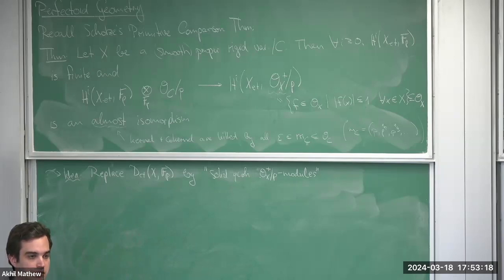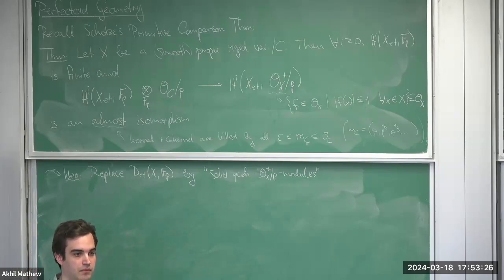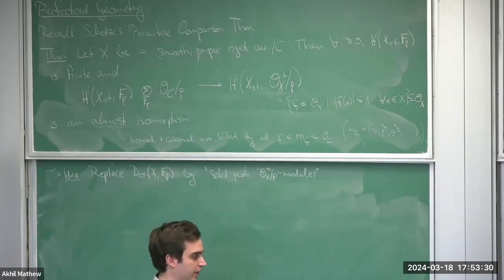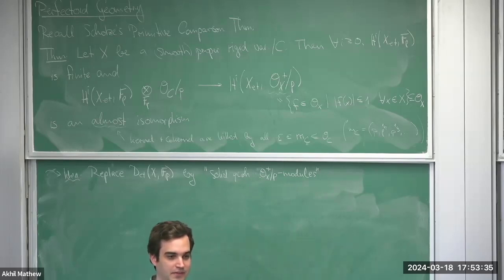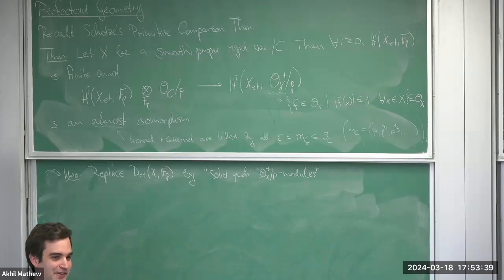I asked another question, whether there is a similar theorem for étale sheaves. Yes, the answer is no, and this is not because nobody cares about this. I think some people care a lot, but because it's not clear how to get it, unless you work over characteristic zero coefficients.